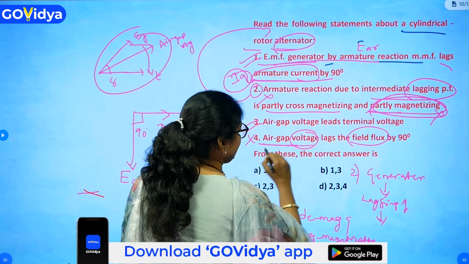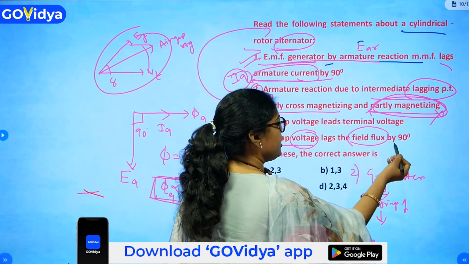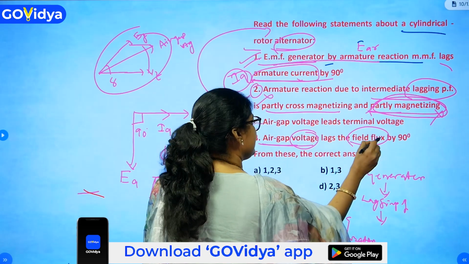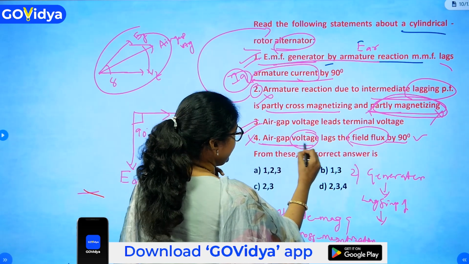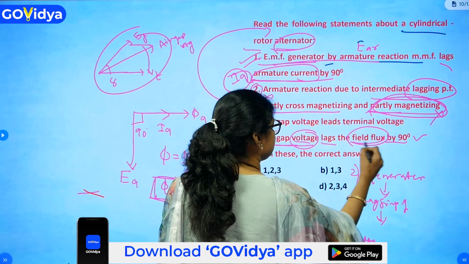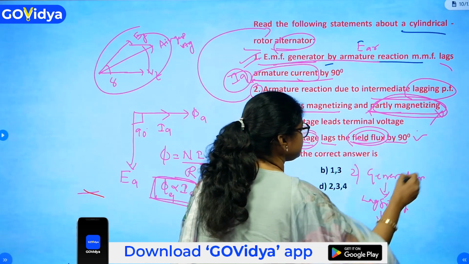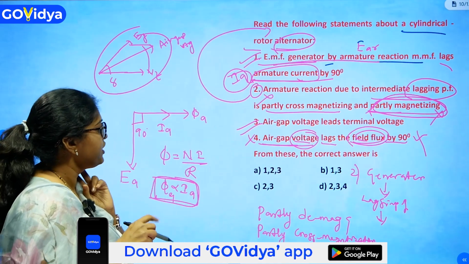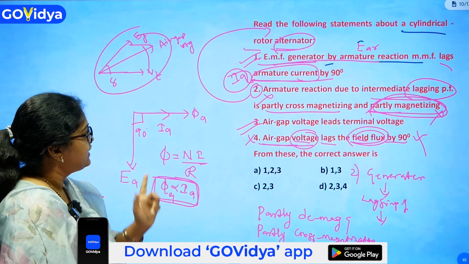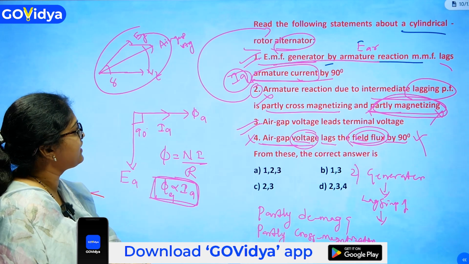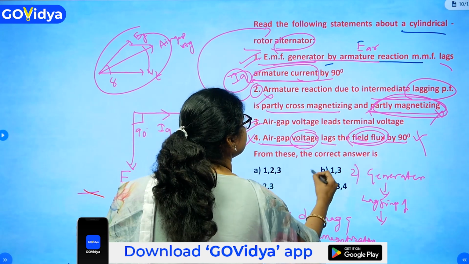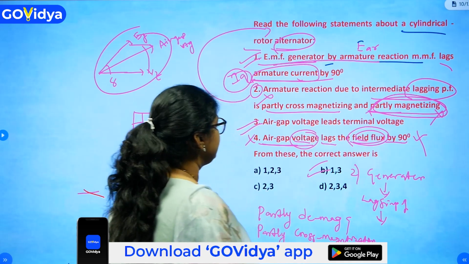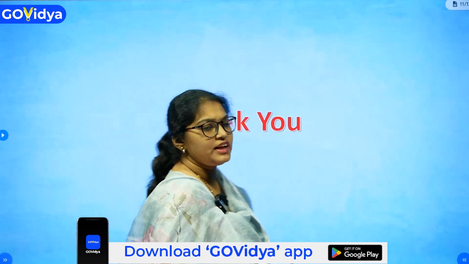If air gap voltage leads the field flux by 90 degrees, that would be correct. But air gap voltage lags the field flux by 90 degrees, that is wrong. So clear? From the above options, which of the following are correct? 1 and 3 are correct. So option B will be the answer. Clear? So thank you everyone.